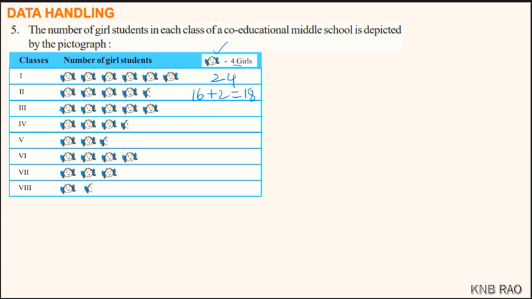Now in 3rd standard there are 5 full faces, which means 20. In 4th standard, 3 full faces and a half, so 12 plus 2, which means 14. In 5th standard, 2 full faces, so 2 fours are 8 plus 2 becomes 10.